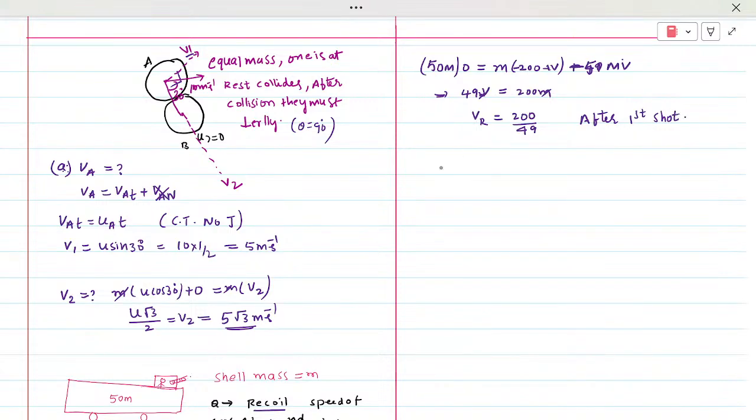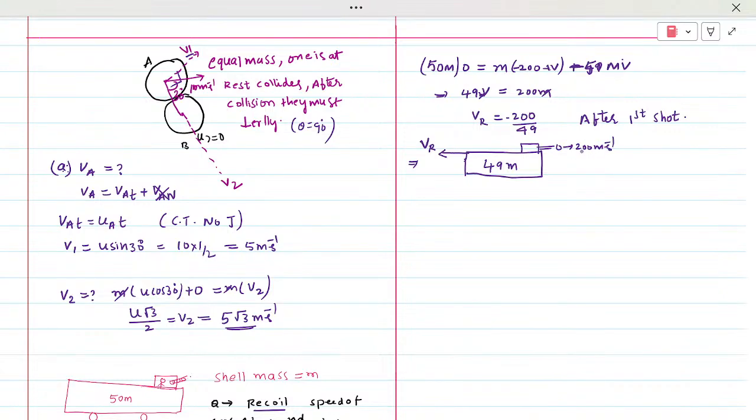So now the second shot. Now see, this is the cart with 49 m only. One shell has been fired, and it has a velocity in this direction minus the velocity of recoiling, and now the second shot is ready to move with 200 meters per second.